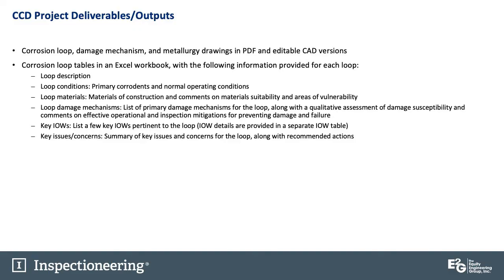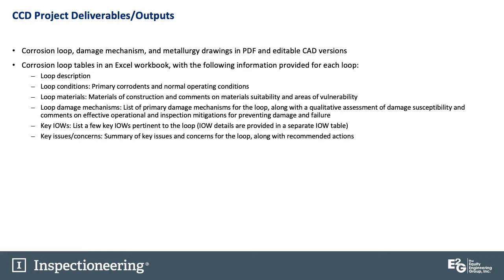Typical deliverables from a CCD project are corrosion loop, damage mechanism, and metallurgy drawings, usually provided in PDF and CAD versions. Corrosion loop tables, again, on this loop term, some refineries prefer the term system to loop, but loop and system are the two most common terms used.